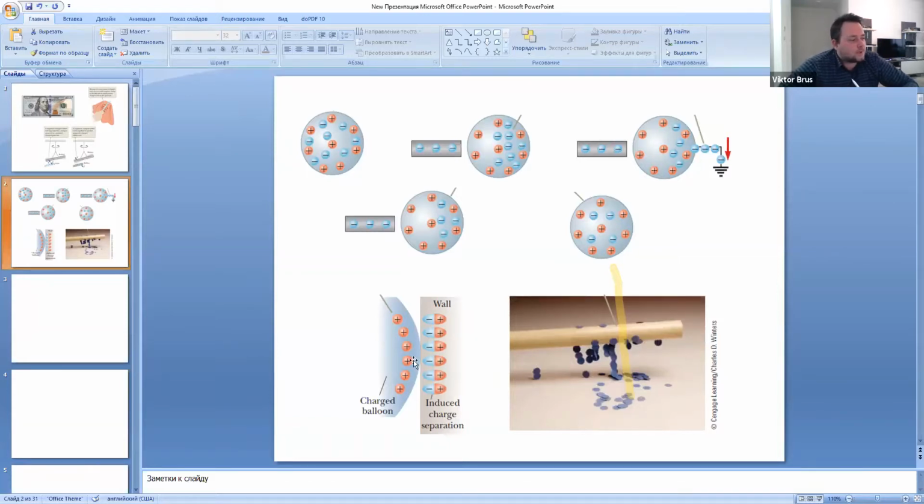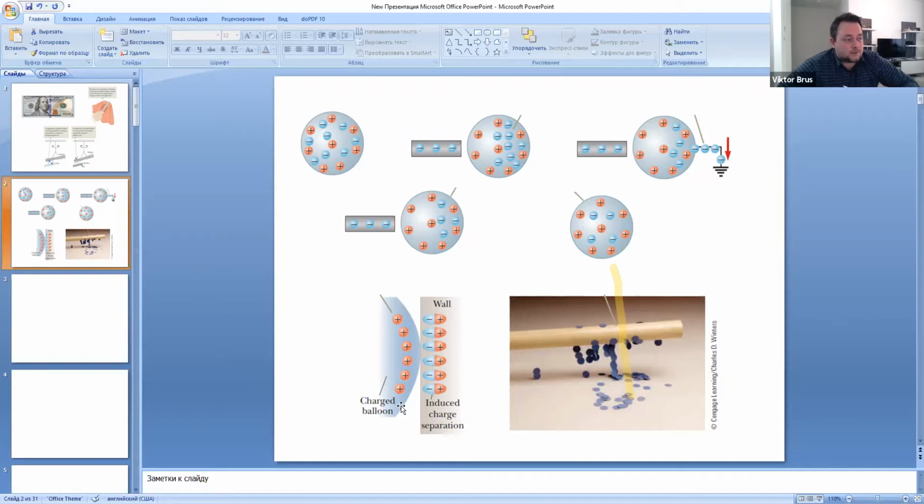So they rearrange in such a way that positive charges are oriented away from the surface and negative charges are accumulated next to the surface, because they are attracted by positive charges of this body which is approaching the dielectric.